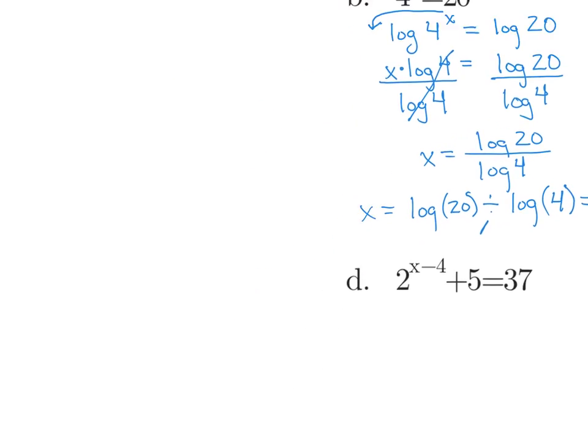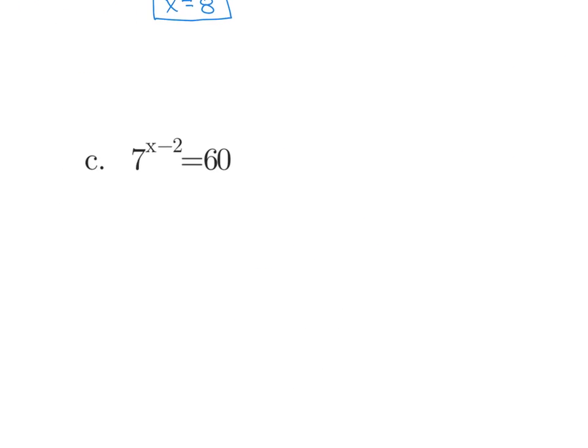Let's go ahead and look at another example. We have 7 to the x minus 2 equals 60. So same thing, there's no way to write 60 with a base of 7, so we are going to have to use logarithms in order to solve this. So I'm going to take the log of both sides again.